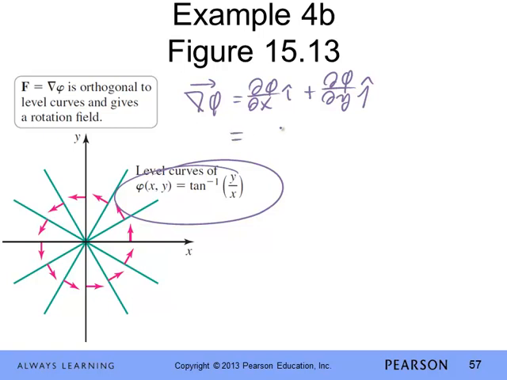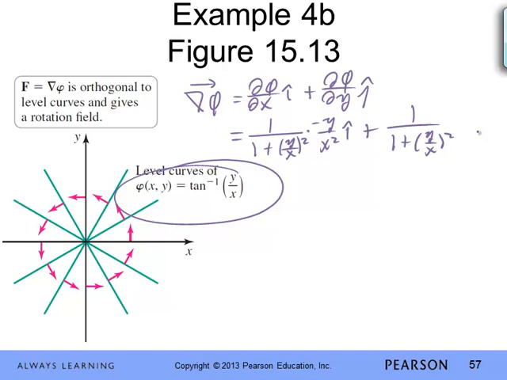We know that the derivative of the arctangent function is going to be 1 over 1 plus the argument squared, and then using the chain rule, the derivative with respect to x of y over x, which is negative y over x squared, i hat, plus, for the derivative with respect to y, you still have 1 over 1 plus (y over x) squared, times the derivative of y over x with respect to y, which is 1 over x, j hat.